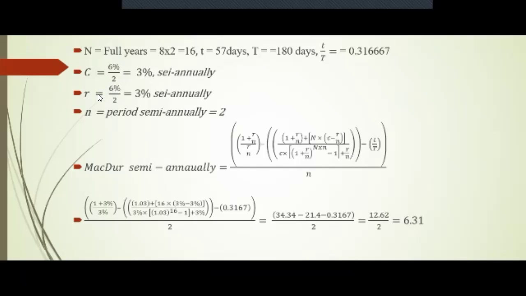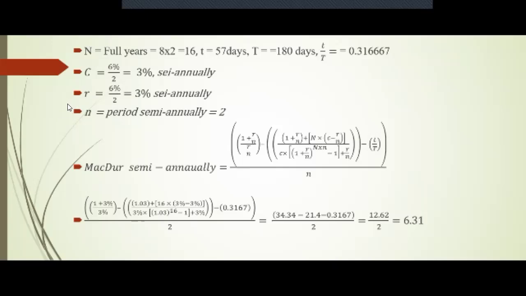Now we just need to put in the figures to get the final result. r divided by N, we already got 3%. So it will be 1 plus r divided by N, which is 1 plus 3%. Then we need to subtract this from this number.